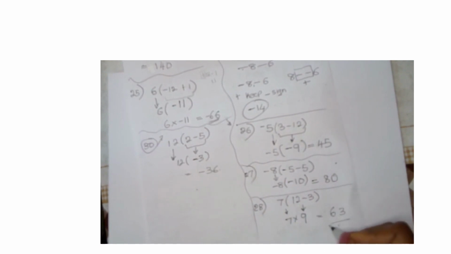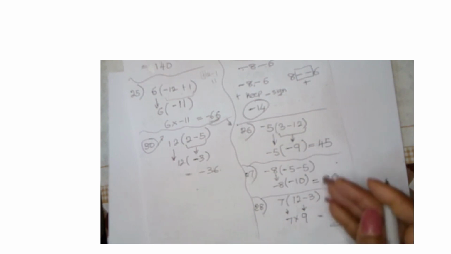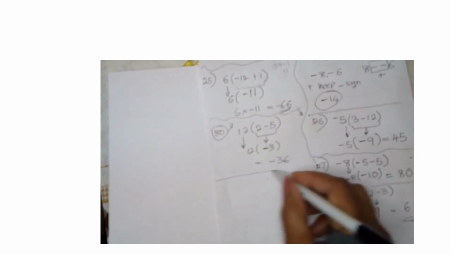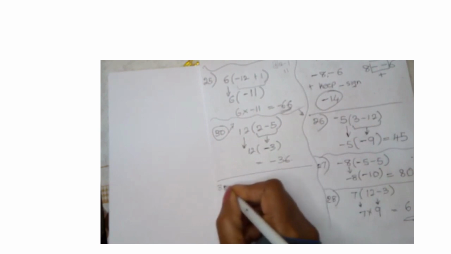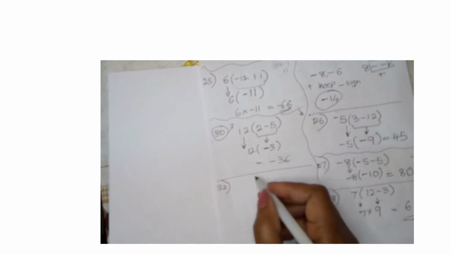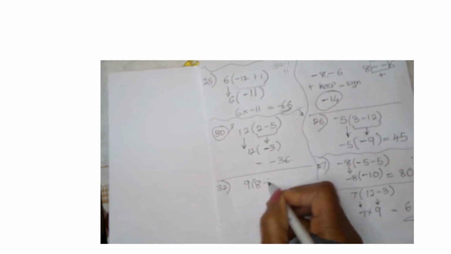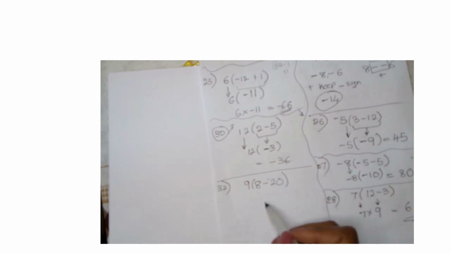So 32 is the same, except for the number in front. I'll show you. You have 9 times (8 minus 20). See, the number here is smaller than 20, so you subtract, but you keep the sign of the bigger number.